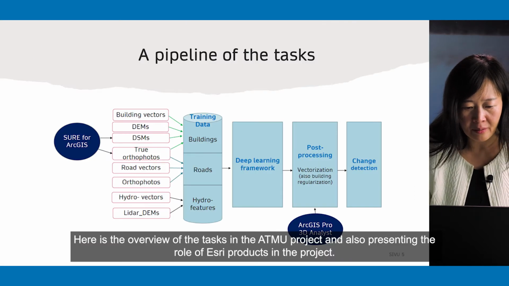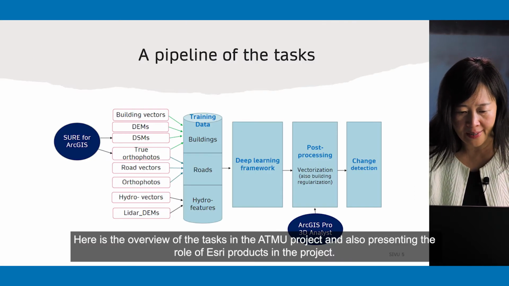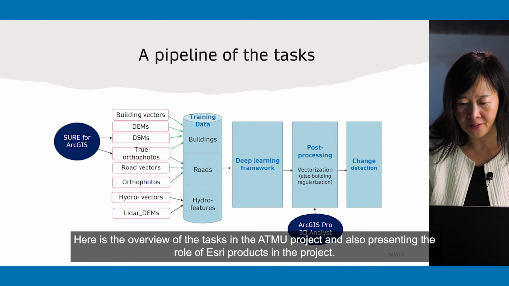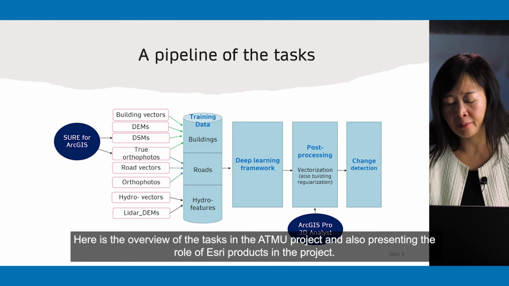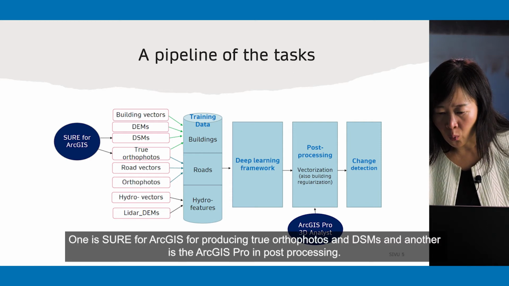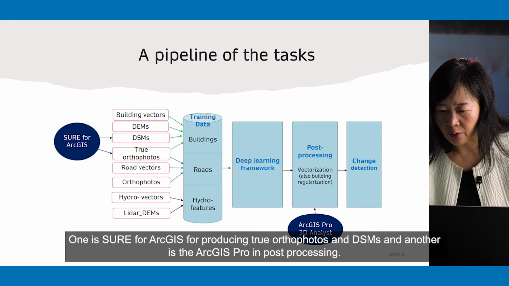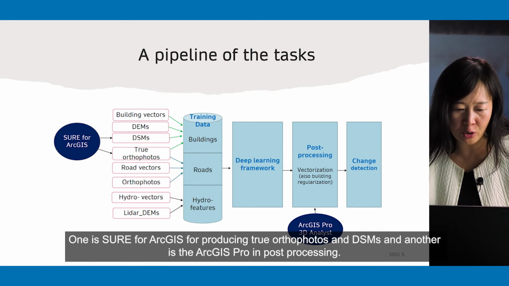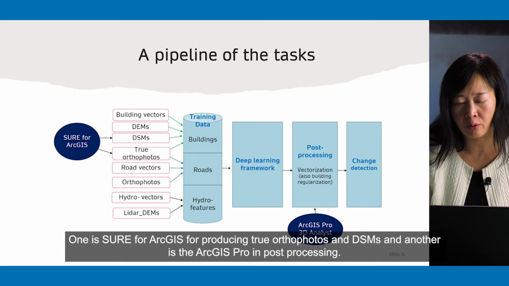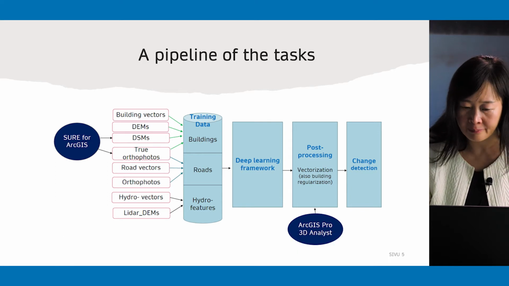Here is the overview of the tasks in the Autumn project and also presenting the role of Esri products in the project. So we can see the dark blue circles. One is the Sure for ArcGIS for producing true orthophotos and DSMs, and another is the ArcGIS Pro in post-processing.